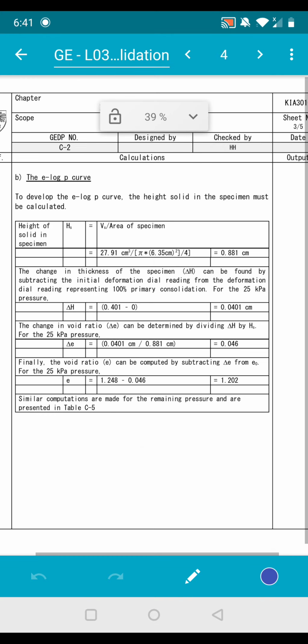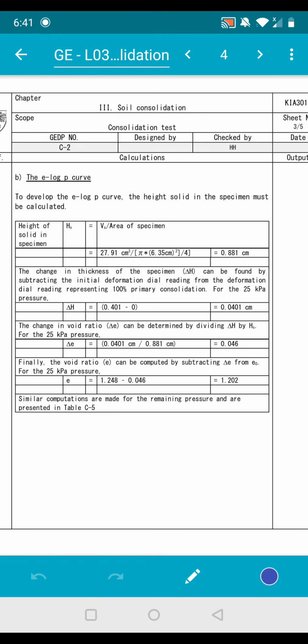So number 2, the E log P curve. Now, to develop this curve, the height of solid in the specimen must be calculated. So there's going to be changes in the height. Again, by using simple approach from soil mechanics formulation, you relate the height, the volume, and also the area.